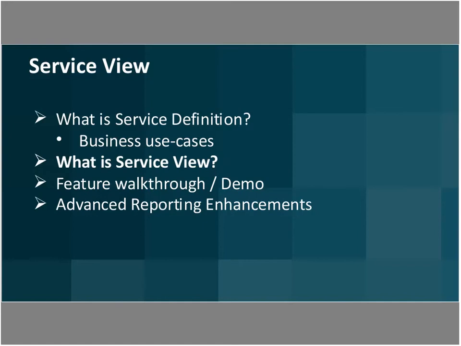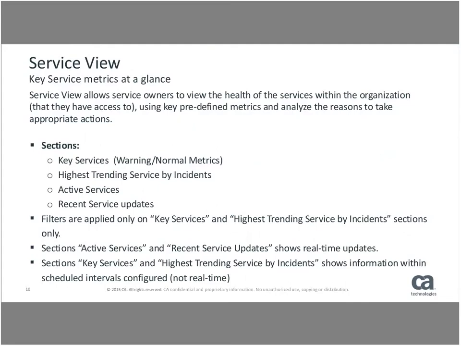So what we discussed now was mainly the service definition. How do I create my service? How do I associate my service to templates, the catalog items, and have them available? Now we talk about the service view. So what is the service view? Service view allows service owners to view the health of the services.